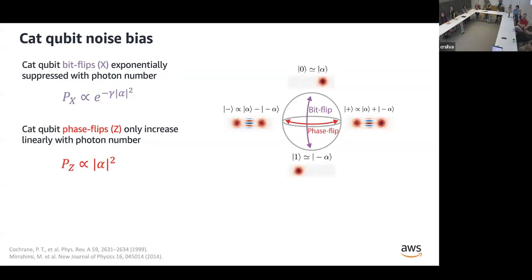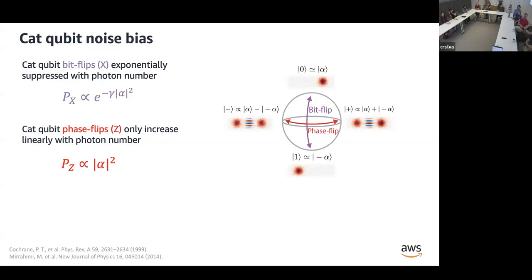Now, to your question, what we can also show is that there is a price you pay: the phase flips of these cat qubits will increase, the Z errors will increase when you increase alpha, but in a nice way. They increase linearly in alpha squared. So what you're doing here is basically biasing the noise when alpha squared increases. You exponentially decrease the bit flip error rate by linearly increasing the phase flip error rate. So what is the game you have to play?